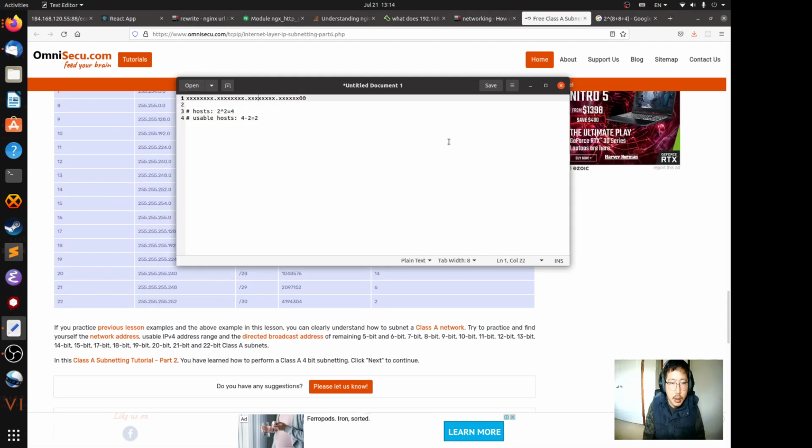This is the same for any Class A, B, or C. This is a restriction: the number of hosts must be at least 4, because you have to subtract 2 for the network and broadcast addresses. What happens if you do this? The number of hosts is just 2, 2 to the power of 1. So usable hosts is 2 minus 2, which is 0. That's why it's not in the list.